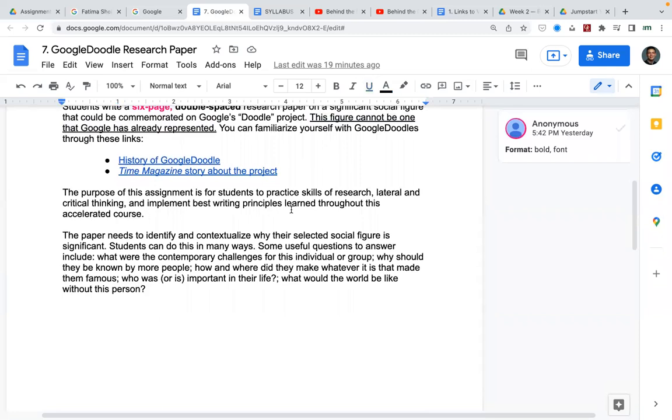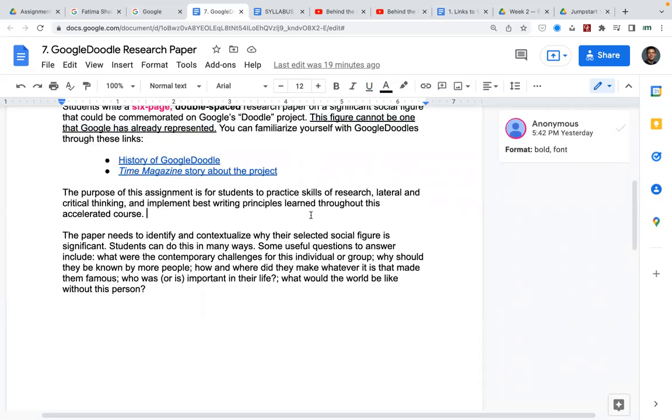We're practicing skills of research, lateral and critical thinking. Lateral is also known as creative thinking. So two types of thinking, all while implementing the best writing principles learned throughout this class.